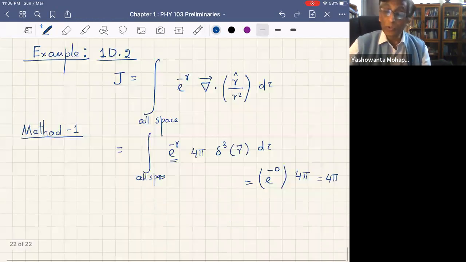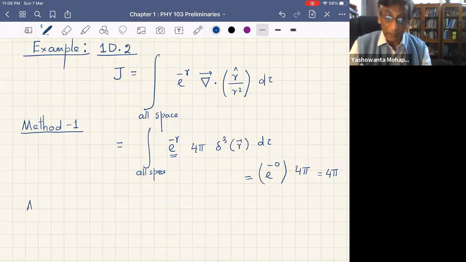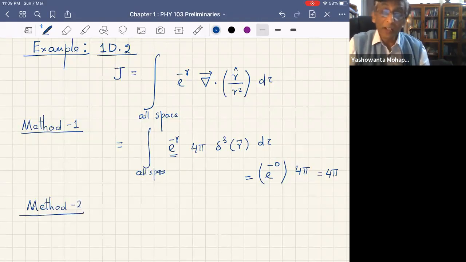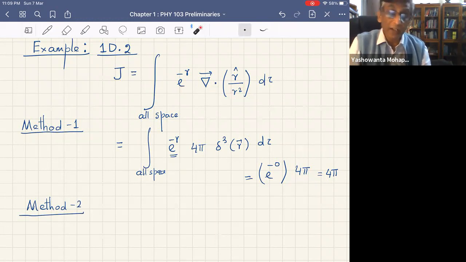In method 2, I will not do it here, but what I have illustrated, you can do without using the delta function. You can see there is a function f, and there is another function g, which is a divergence, and hence try using integration by parts to get the same result.